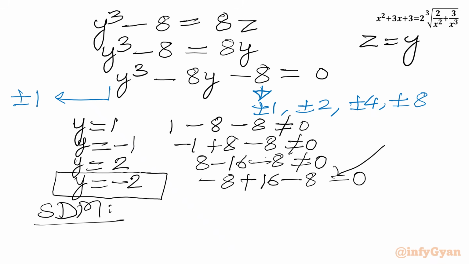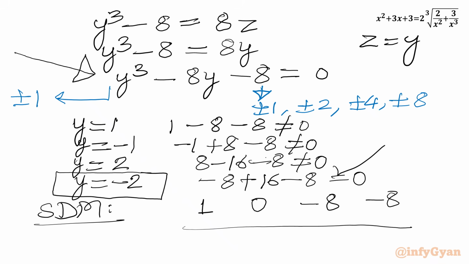Here we need to write all the coefficients of the cubic equation. Here it is. The coefficient of y³ is 1, the coefficient of y² is 0, the coefficient of y is -8, and the constant is -8. The leading coefficient would be as it is.